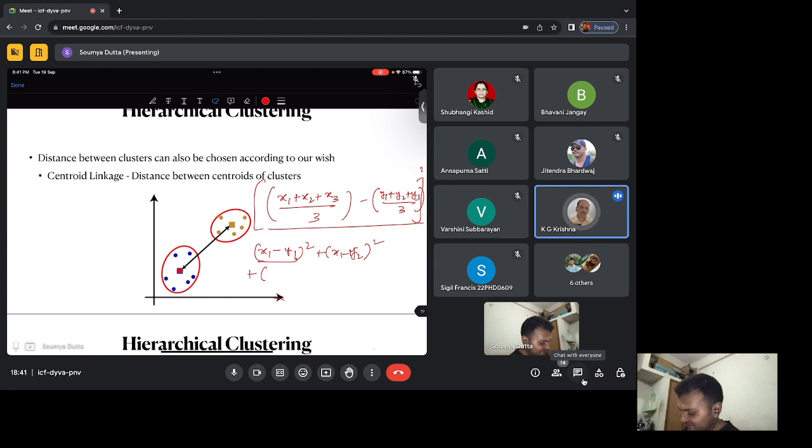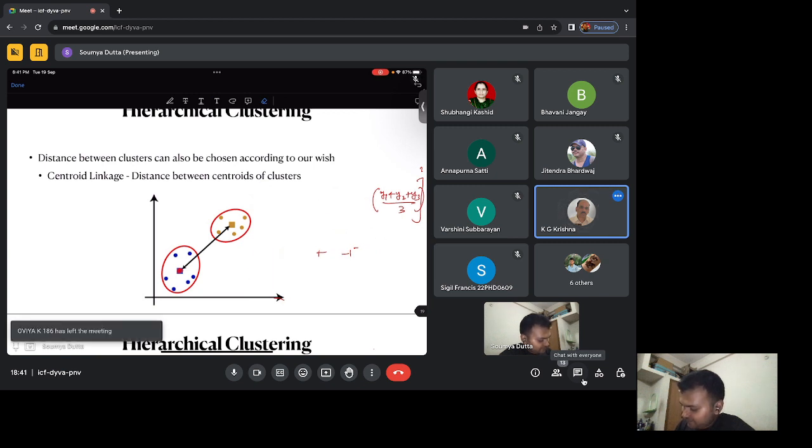Go to high school plane geometry, just 2 coordinates x and y. That will be difficult to write also, right? Here x means all points belonging to that cluster, y means all points belonging to that cluster. Let me write it in the way which you would understand then.